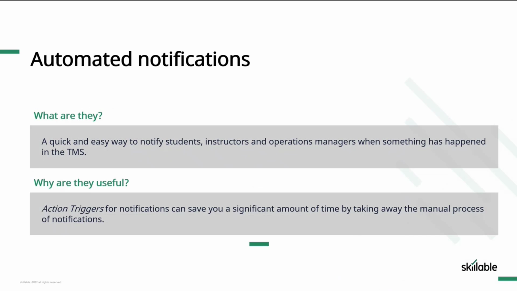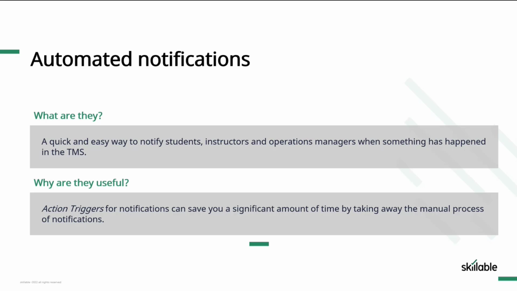So automated notifications, well, what are they and why are they really important? They are features built into the TMS, and to me, they're quite often underutilized. They're in essence a communication tool that we have built within our platform.